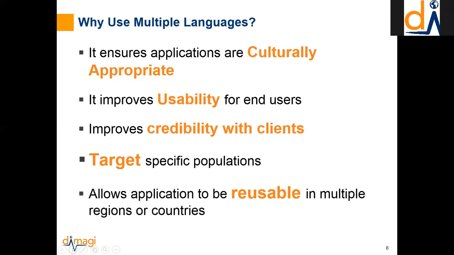And it also allows an application to be reusable in multiple regions or countries. So we have several applications that are the exact same application content-wise. We're asking the same questions, showing the same types of images, or collecting the same data.